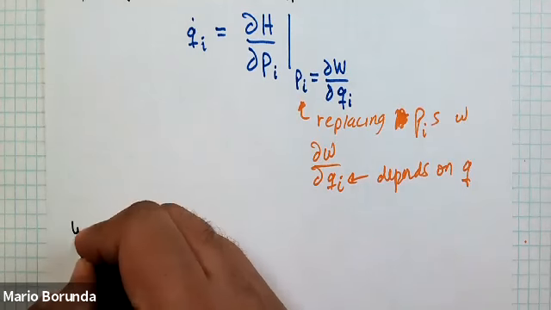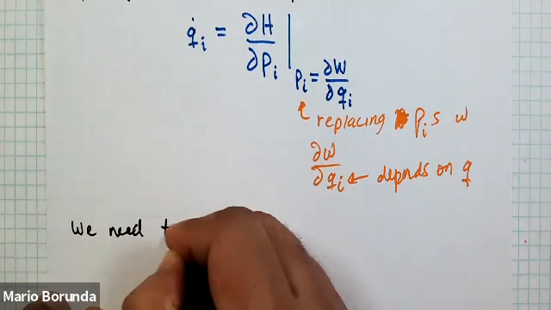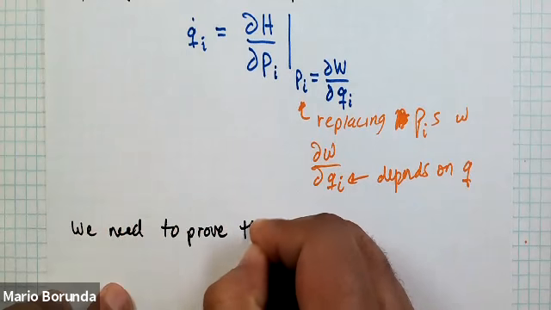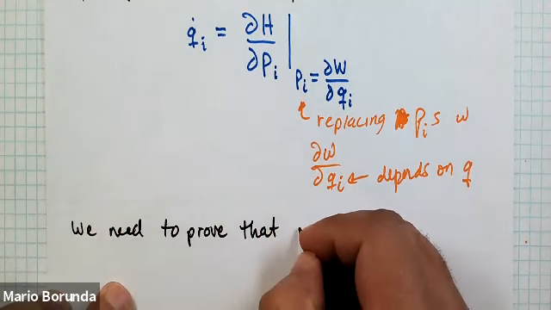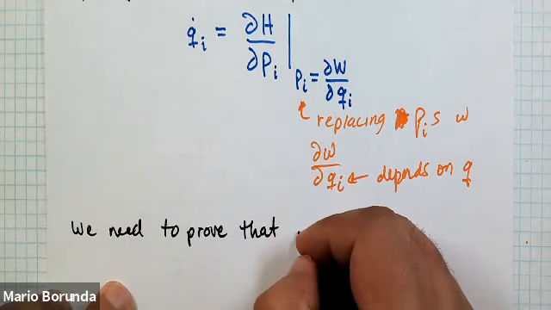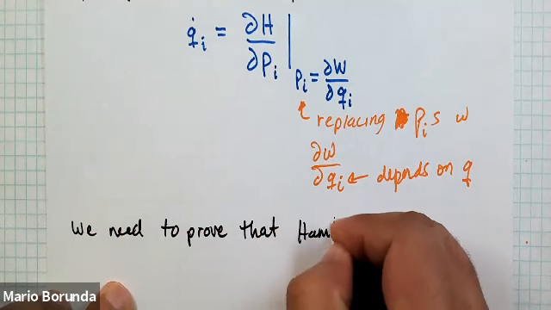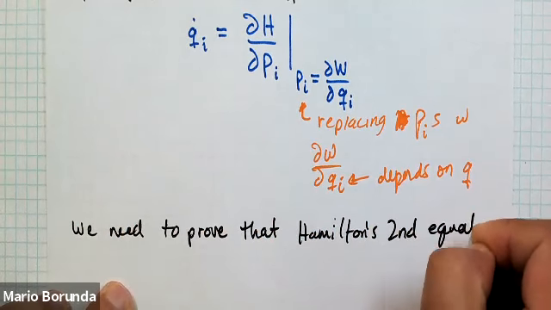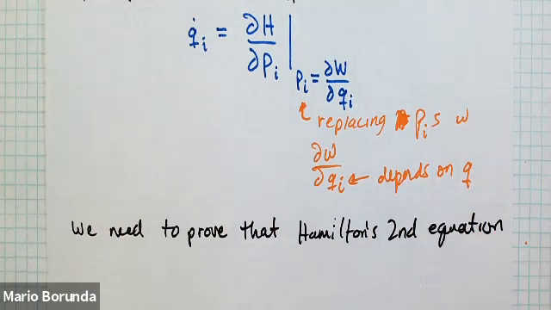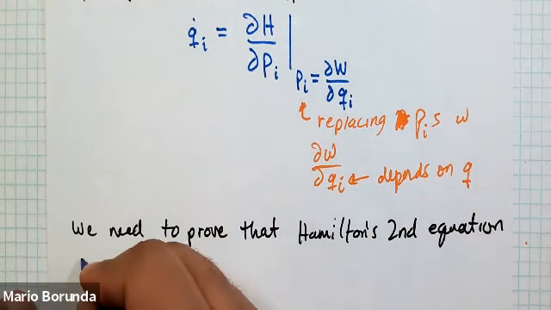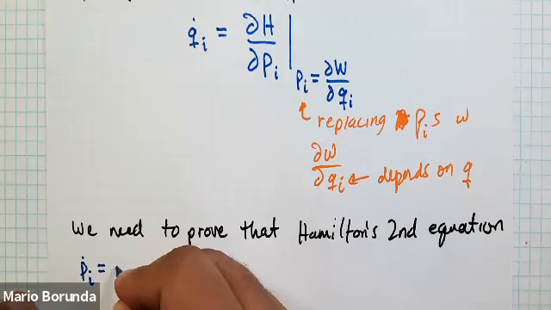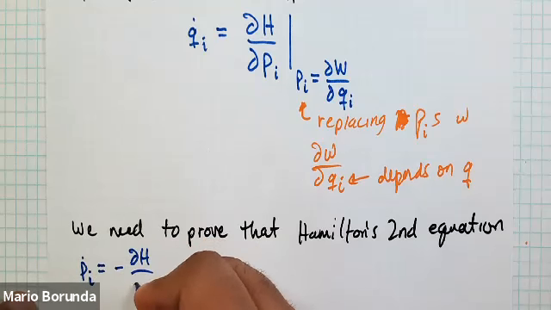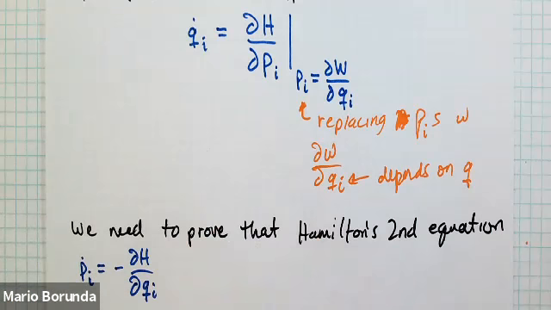So we need to prove that Hamilton's second equation, this one, is satisfied.